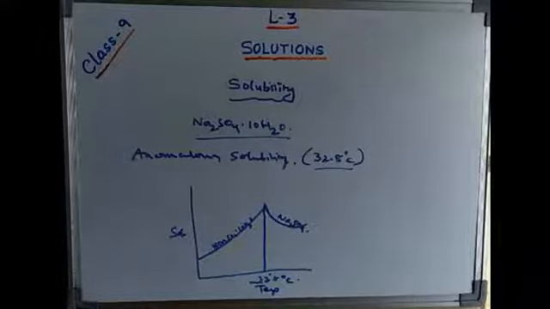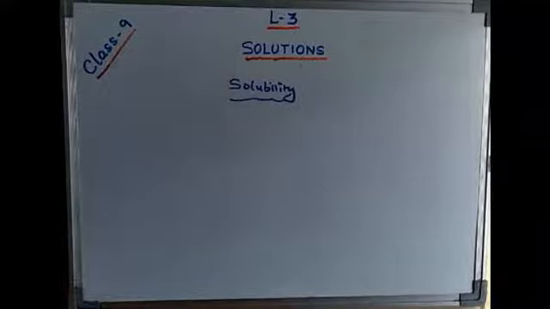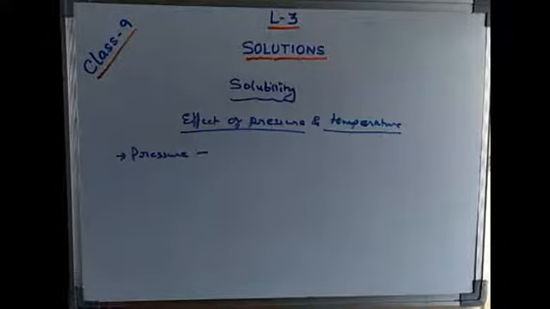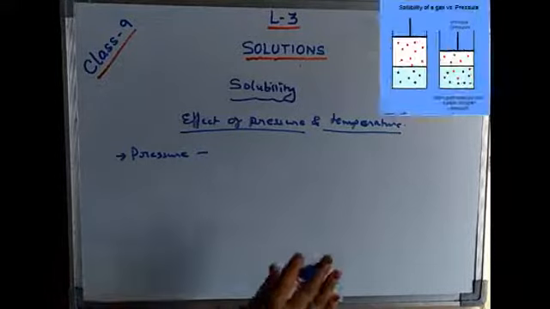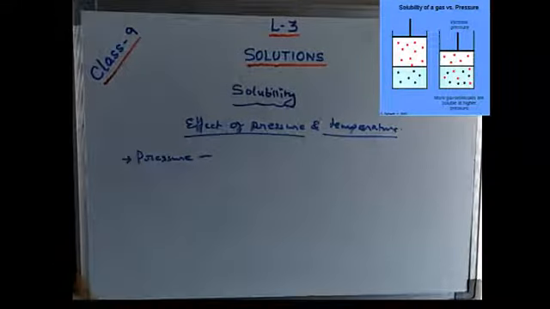Now we will come to the effect of pressure and temperature on the solubility of gases in water. Water is a liquid solvent. So first we will see how it behaves with the rise of pressure. An increase in pressure on the surface of the water increases the solubility of the gas in water.